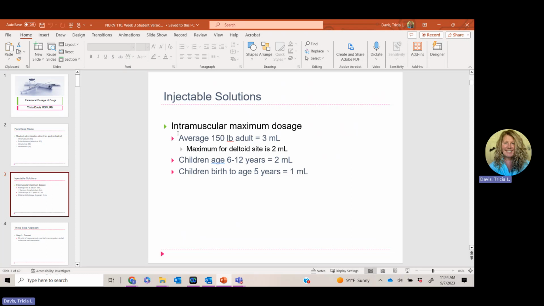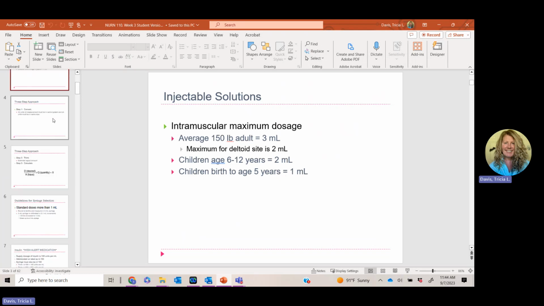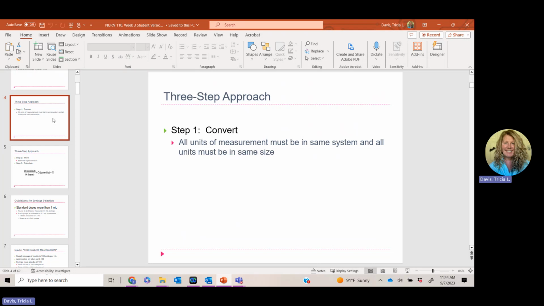Usually for an adult about 150 pounds, that maximum deltoid site is going to be good for about 2 mLs. If you think about a child 6 to 12 years old, we're thinking about 2 mLs again for an intramuscular injection. And then childbirth to age 5, the capacity is about 1 mL. So just some things to keep in mind.